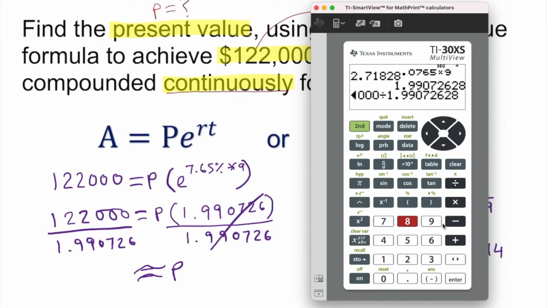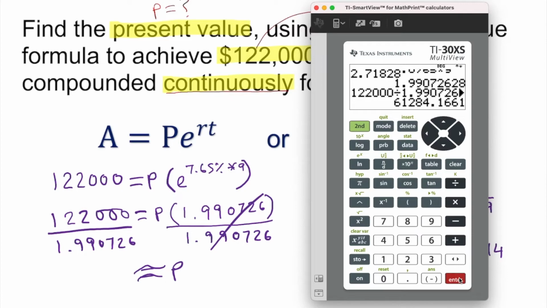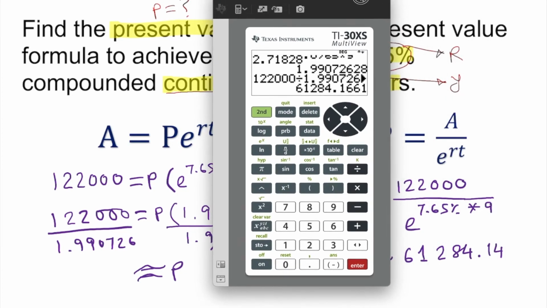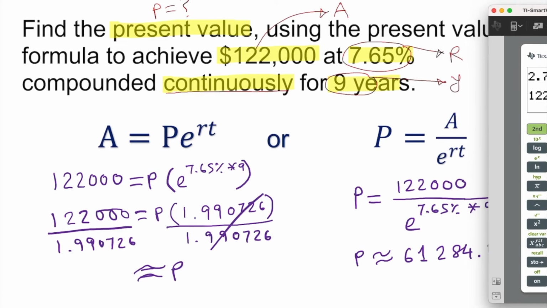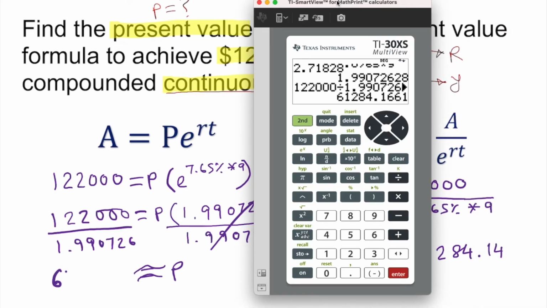Remember, the more digits you have, the more accurate the answer will be. Beautiful. We have 61,284.17. Remember, that is not accurate. We missed so many digits, so that's why. 61,284.17 is approximate.